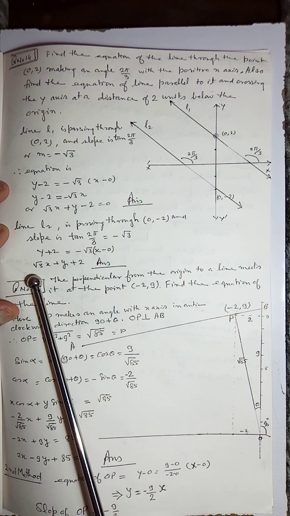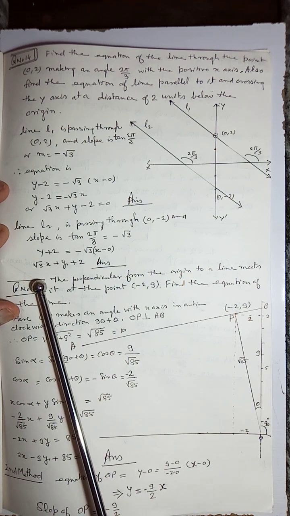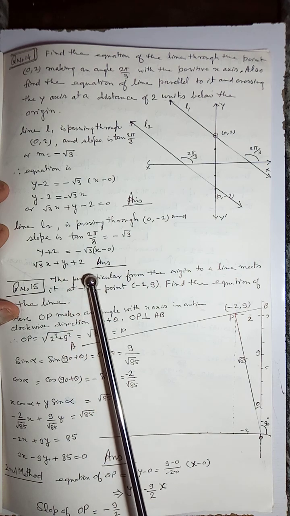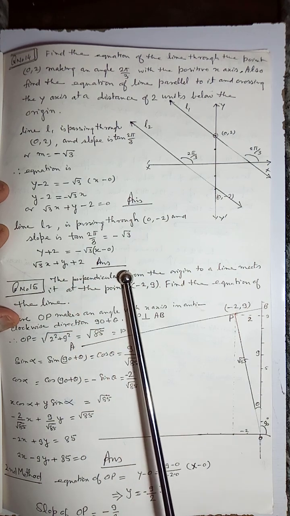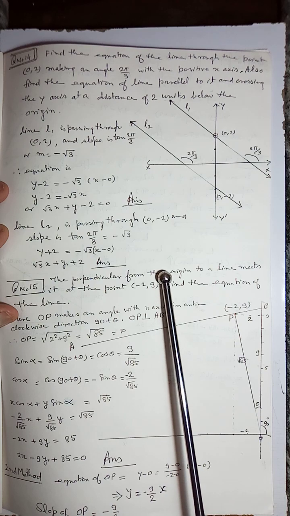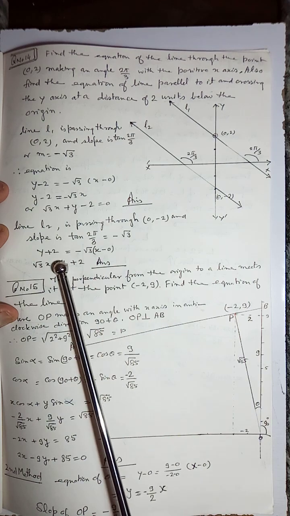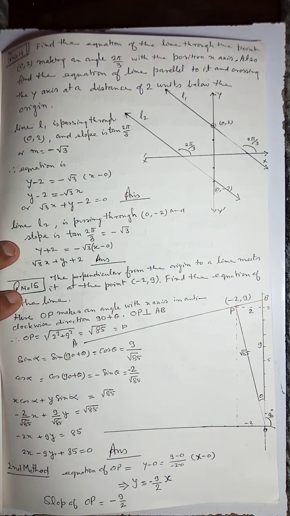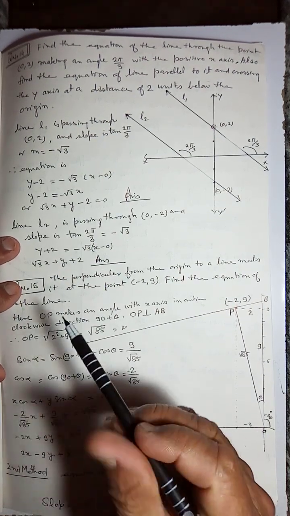So root 3 x plus y plus 2 equal to 0 will be the required equation. You see, minus root 3 x I have taken to this side. So this will be the required equation.